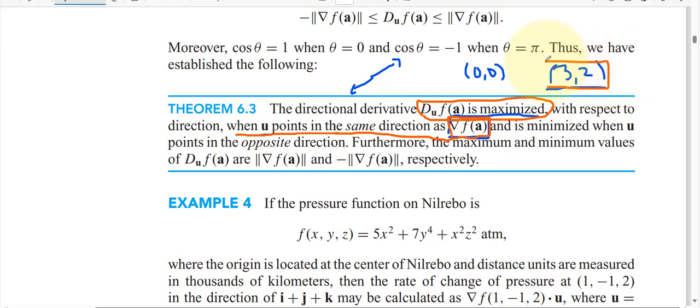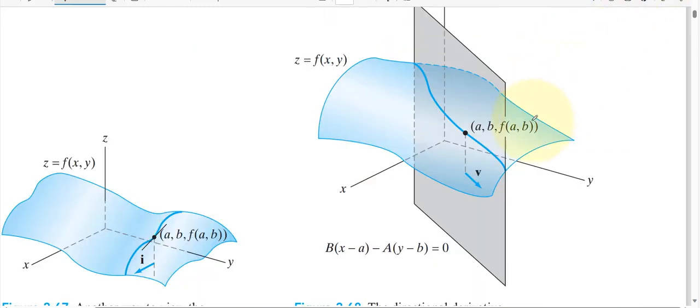So that's a specific direction. Could be this direction, could be some other direction, but (3, 2), or whatever we got, is some particular direction. And that will be the direction in which the directional derivative is maximal, is largest. And that's what we wanted to know.